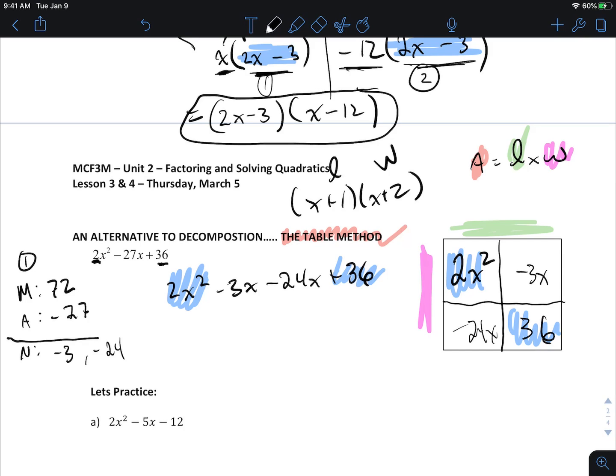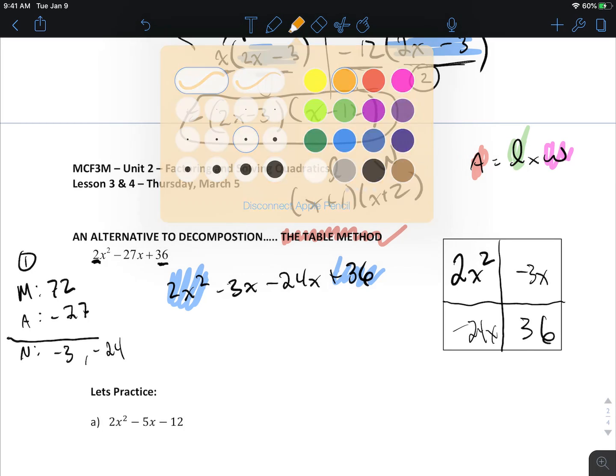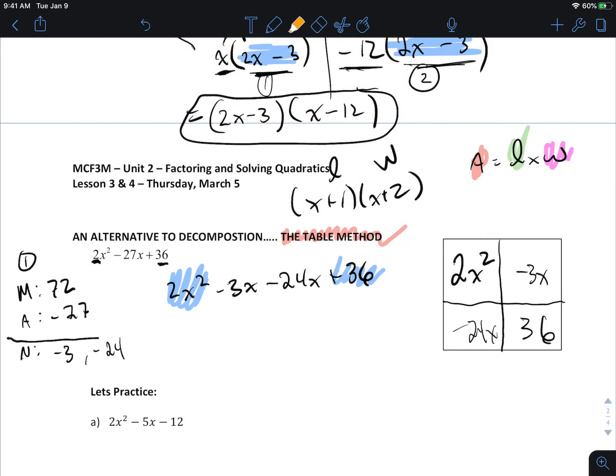Now here's why I love this. This is like brilliant. So here's what you're going to do. I'm going to read vertically. I'm going to look at the two factors vertically, and pull out what's common amongst the two of them.